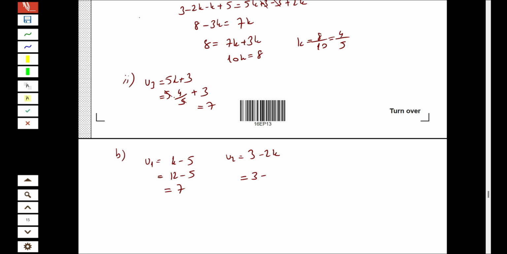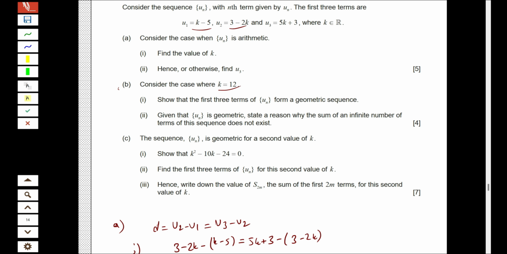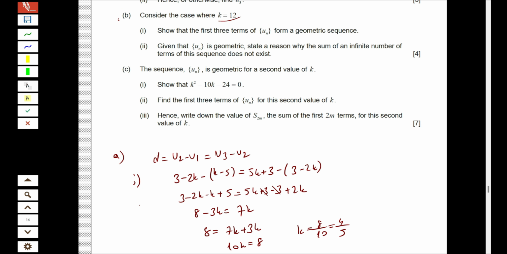When we plug in 12, it will be 3 minus 2 times 12. 3 minus 24 equals minus 21. And U3 equals 5k plus 3. 5 times 12 plus 3 equals 63. Yeah, these are the first three terms of Un.